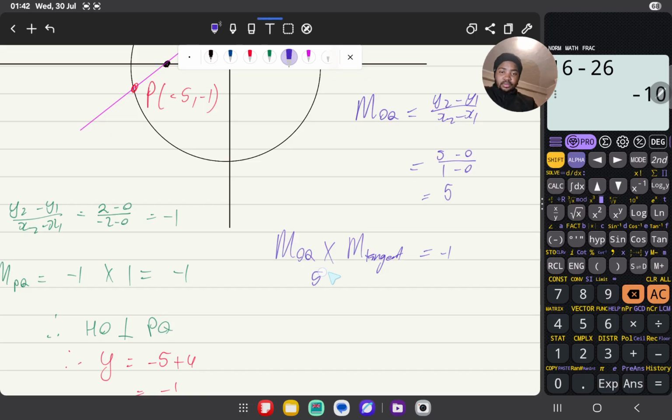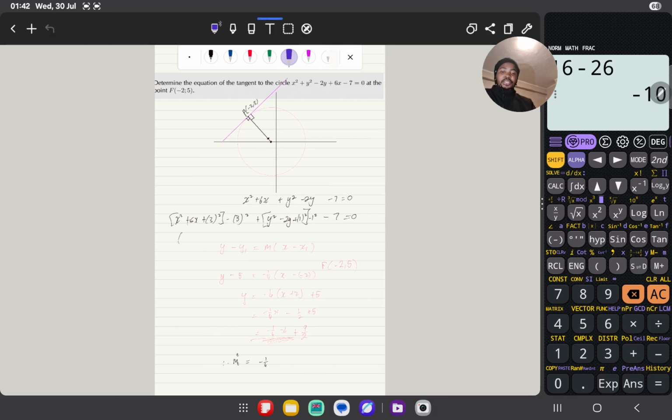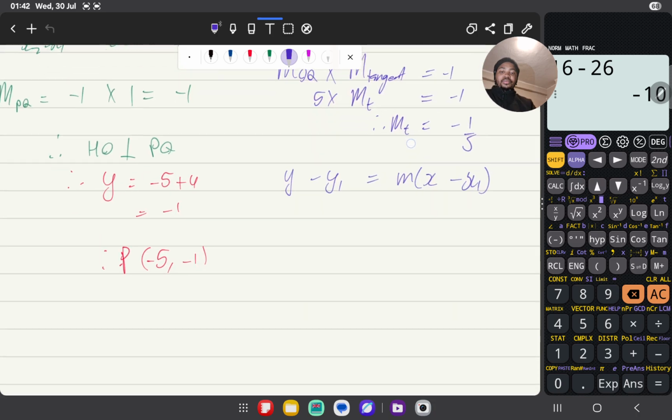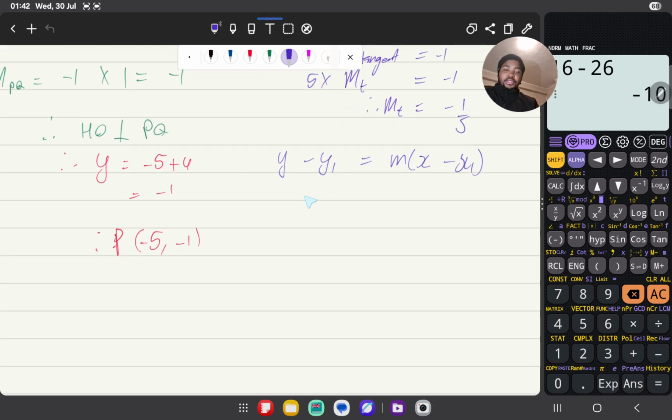So 5 multiplied by mt equals minus 1, and therefore mt equals minus 1 over 5. Then I say y minus y1 equals m into x minus x1. Then I substitute.